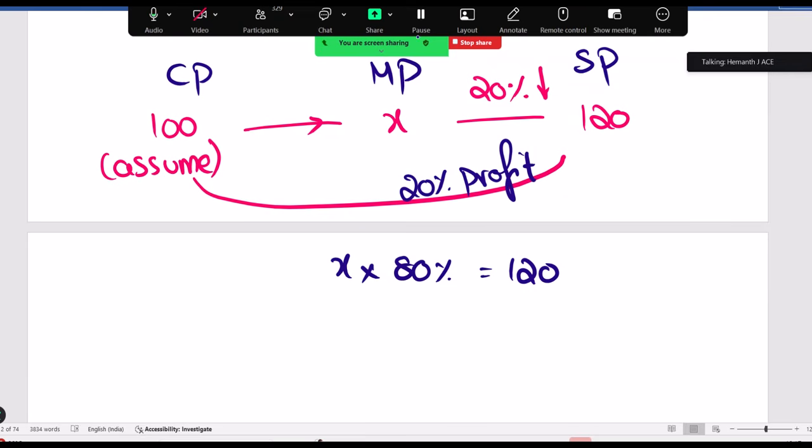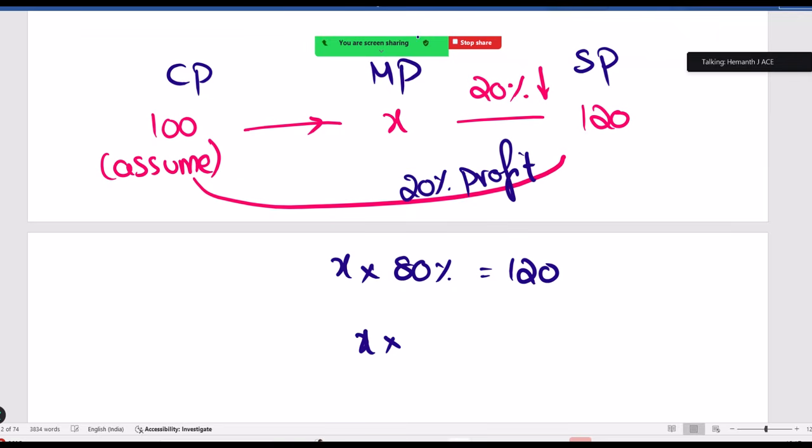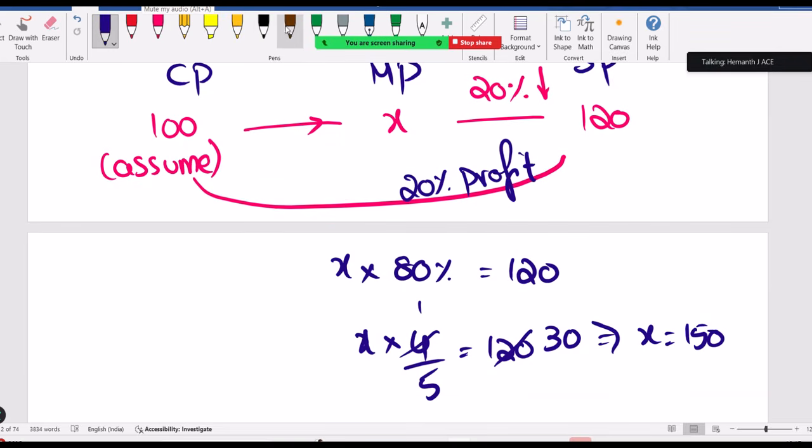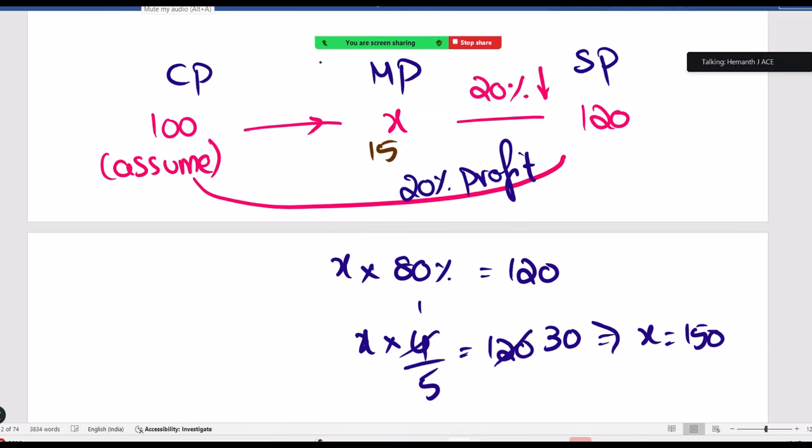Now calculate the X value. 80% means we can say 4 by 5. You can find X is equal to 150. So the marked price is 150. Now without discount, if you sell, you will get 50% profit. Cost price is 100, and the marked price equals the selling price if there is no discount.